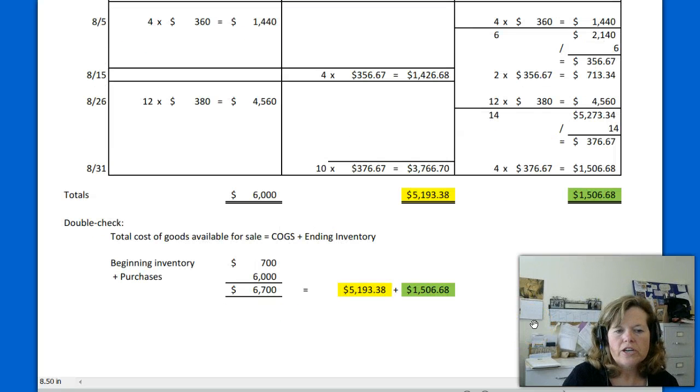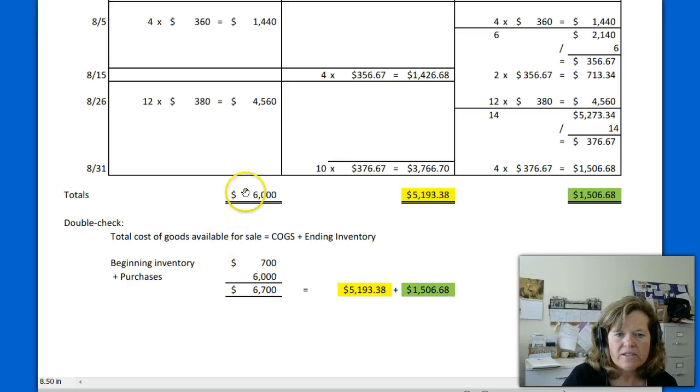A good way to double check your work to make sure that you've accounted for everything properly is to keep in mind that cost of goods available for sale is cost of goods sold plus ending inventory. And cost of goods available for sale is your beginning inventory plus your purchases, so everything you had available to sell during that time period.